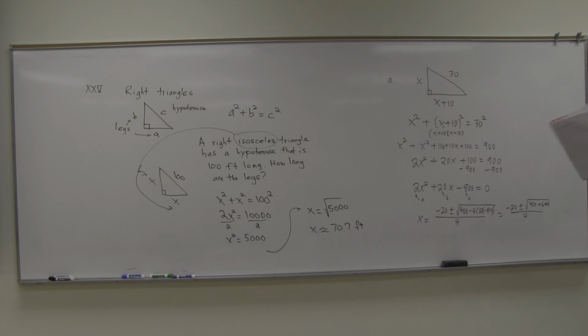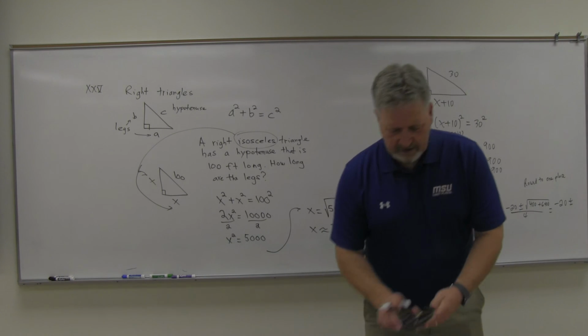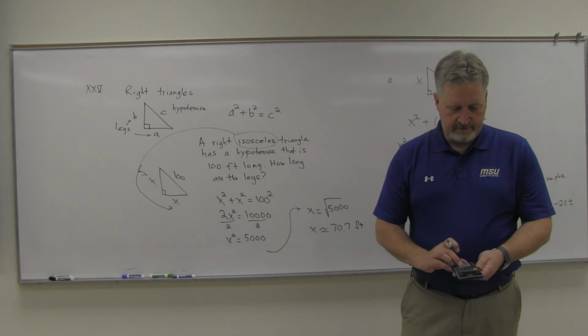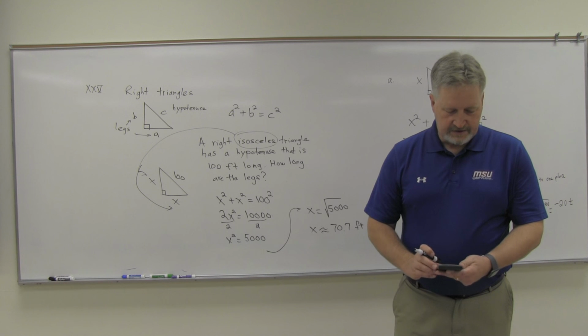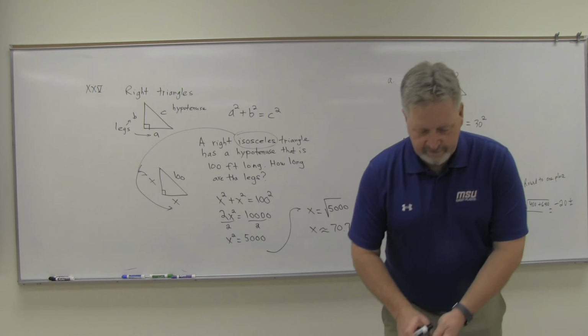Like we did over there, let's just round off to the nearest one decimal place. That would be the square root of 6,800, which is 82.5.